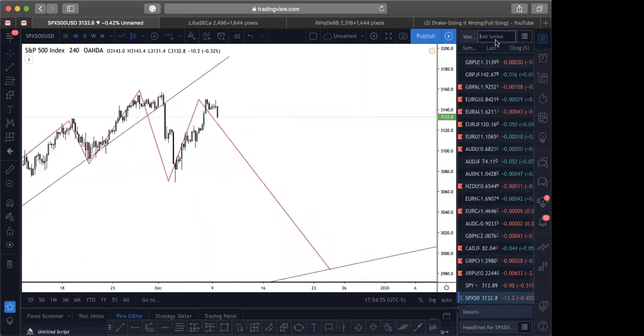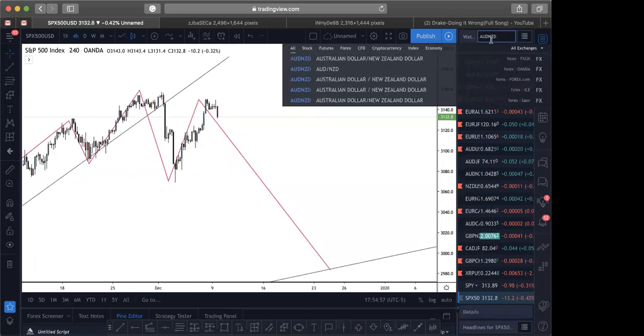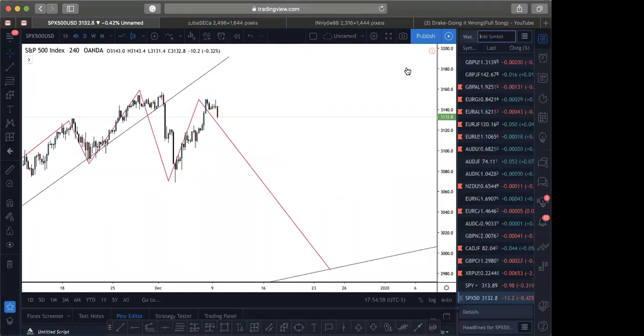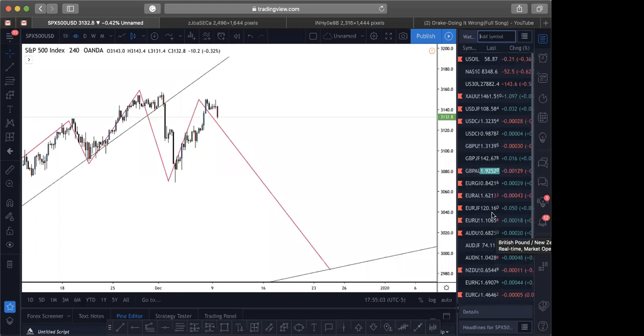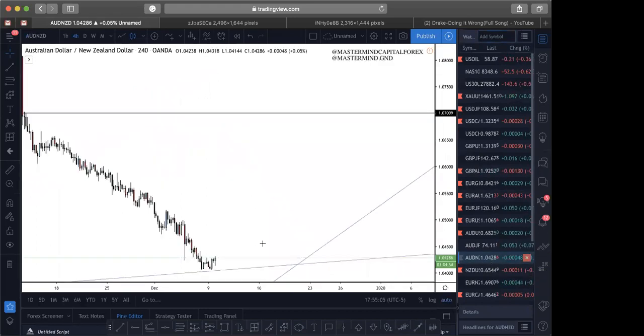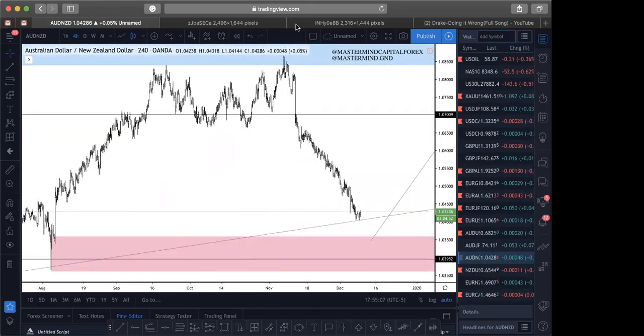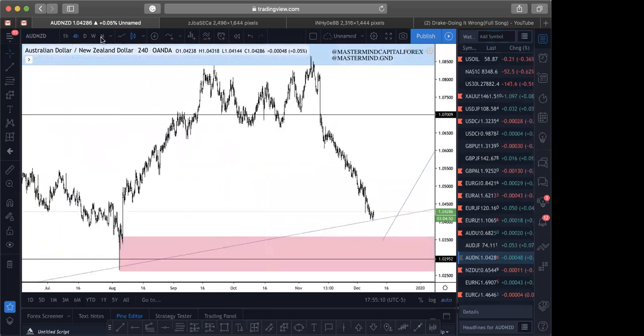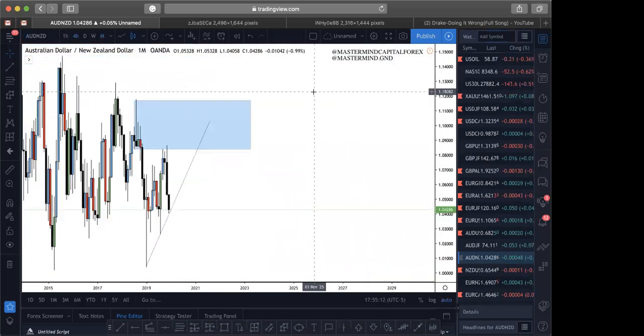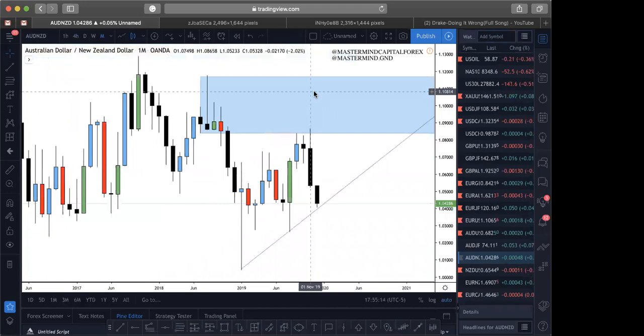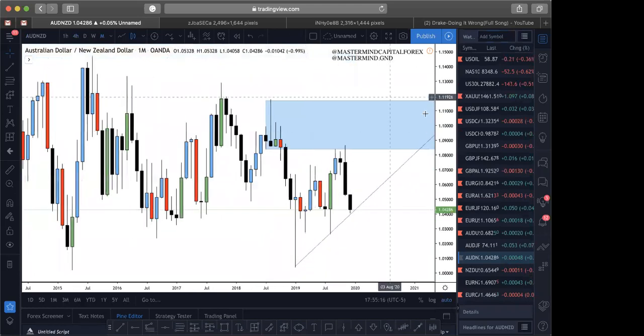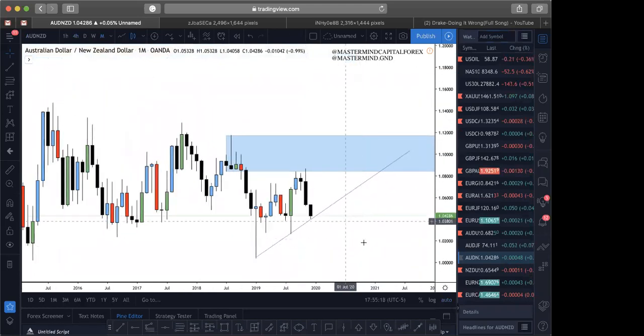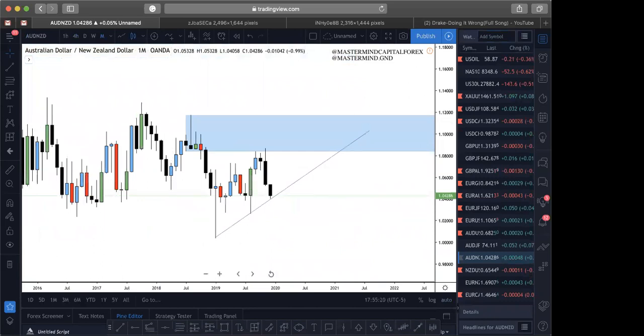Let's go over AUD NZD. Someone asked me about that. Where are you, AUD NZD? Okay, so on the monthly time frame, we had a bearish structure, right?